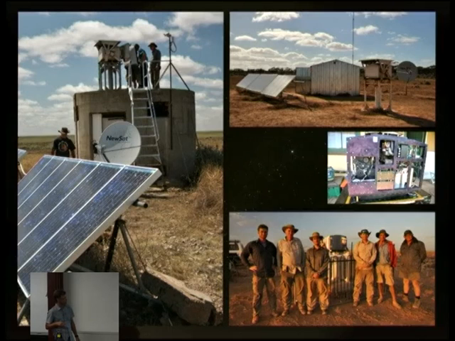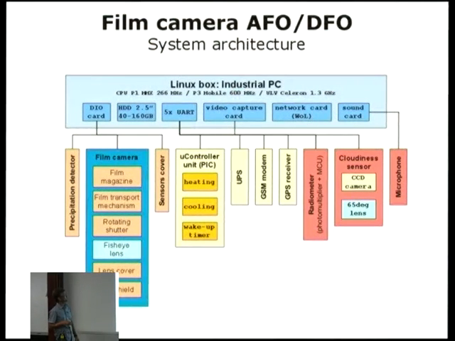And this is how the group of people installing or servicing cameras look after a week spent in Nullarbor. So it's like driving on bumpy roads and being dirty and no option to wash or take a shower. And this small image shows a little bit of the insides of the camera with the stainless cover removed. So it's a lot of moving parts inside, and I will show later the block diagram of the camera.